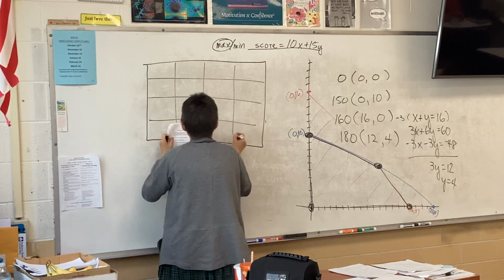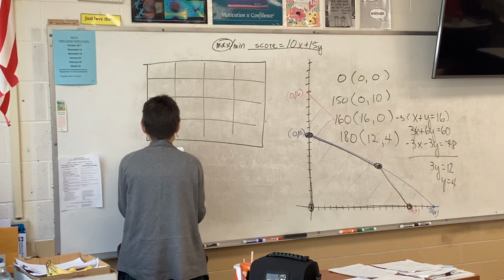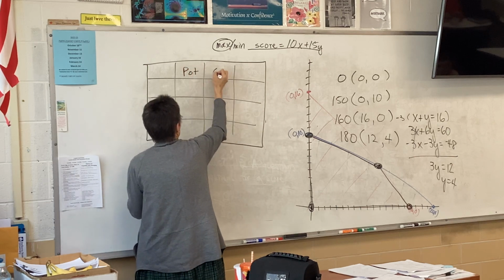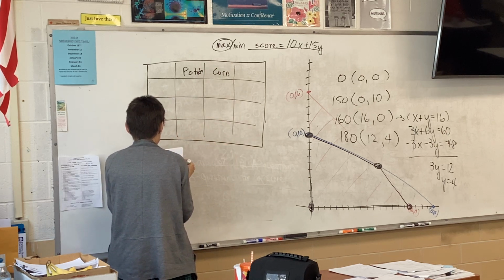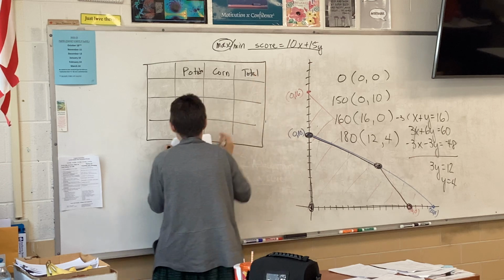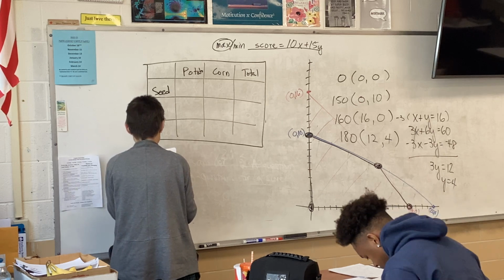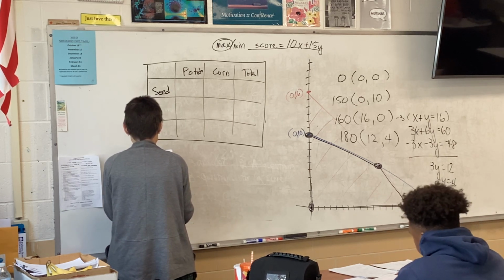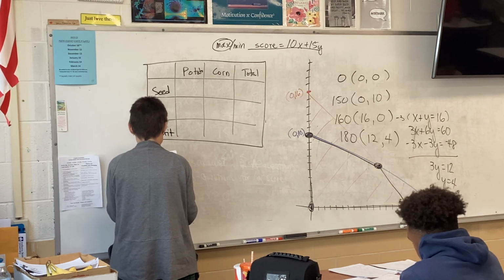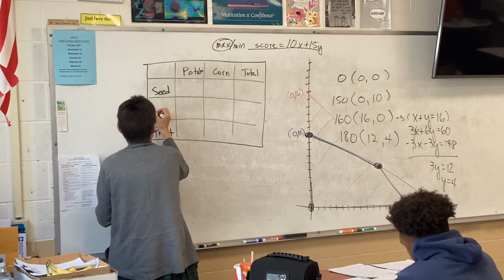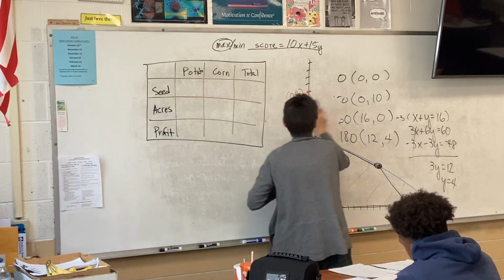The farmer has a field of 70 acres in which he plants potatoes. So we have potatoes and we have corn, and we'll have total, and seed. And that's the chart, so go ahead and draw that chart.